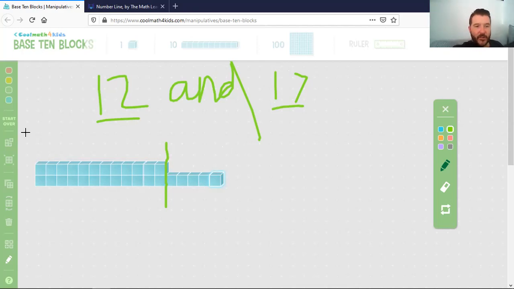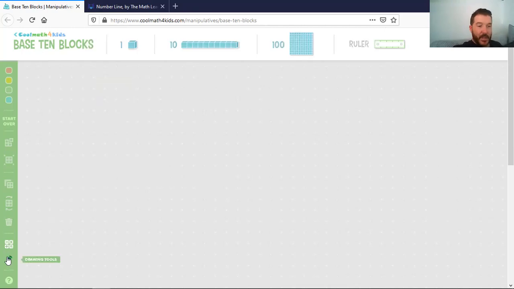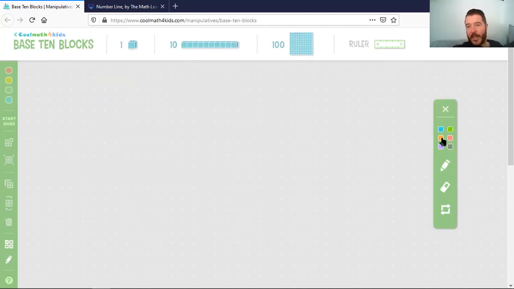Okay, let's try another one just to be really, really sure. Make it a bit bigger this time. So say I had a problem that wanted me to find the difference between 31 and 43. Again, I'm going to make both numbers.